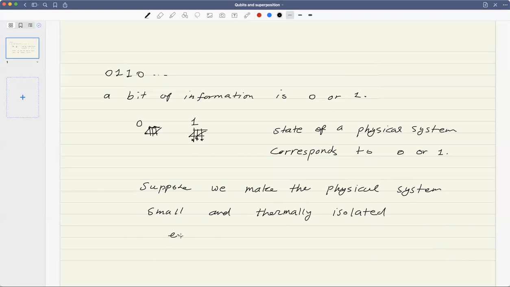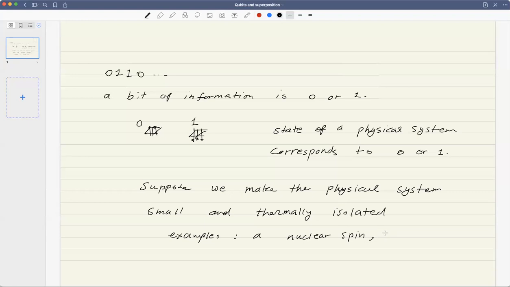Examples: a nuclear spin. Elementary particles have an intrinsic angular momentum, and that angular momentum for so-called spin 1/2 particles can take two possible states if you measure it in some direction. Let's say in the z direction, it can be either up or down. And suppose we want to store this two-level information that's 0 and 1 in something like that.